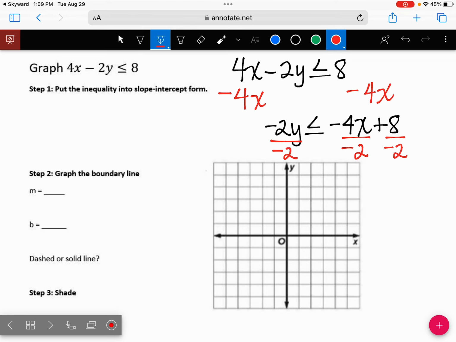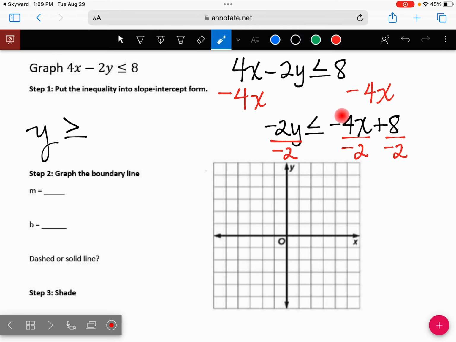You only flip the inequality when you divide by a negative. If I was dividing by a +2, I would not flip it. But I'm dividing by a negative. So this becomes y, and this is going to flip from a less than to a greater than and equal to.